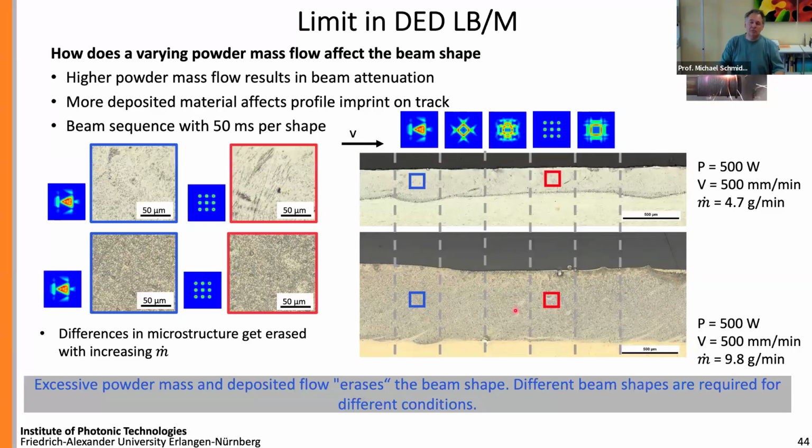Of course, I have to say that this is a bit of an unfair thing for the beam shaping. Why? Because we drove the process to the max, so we did not change the power and not the feed speed. We just wanted to have a maximum of powder particles in the beam to see what happens.